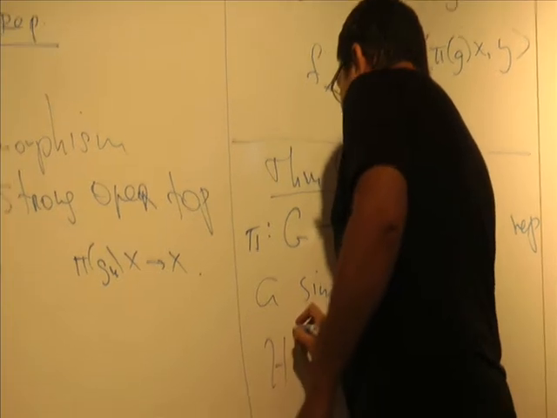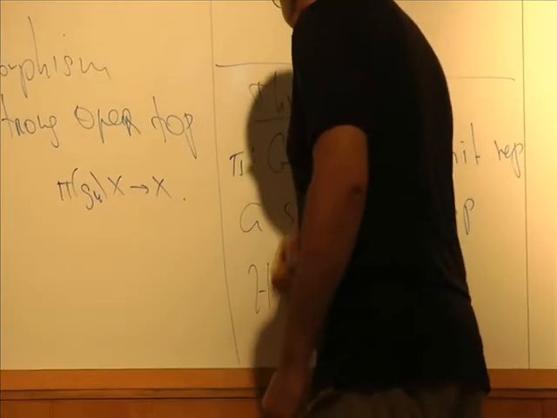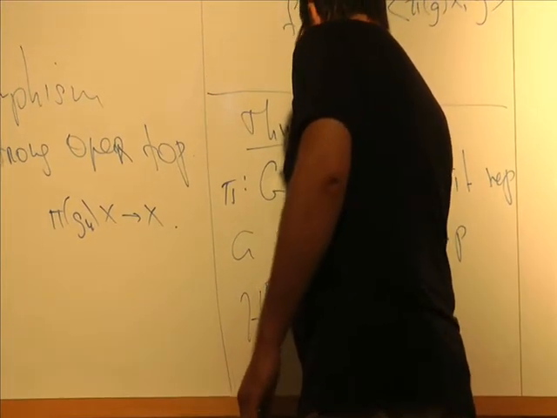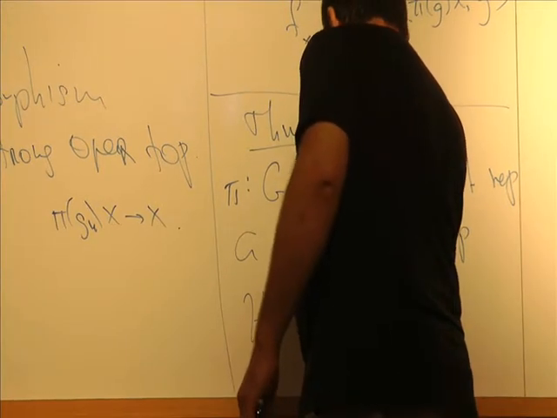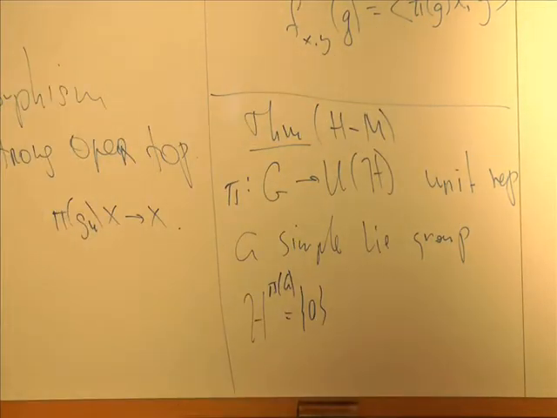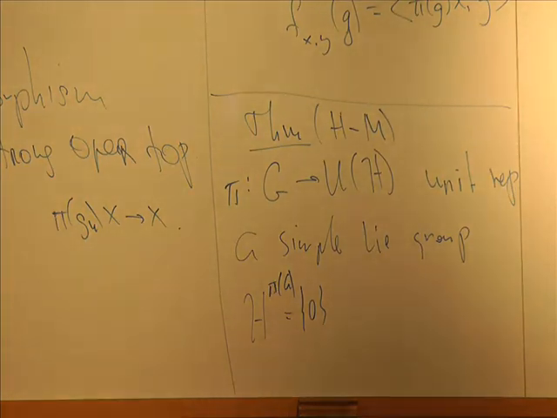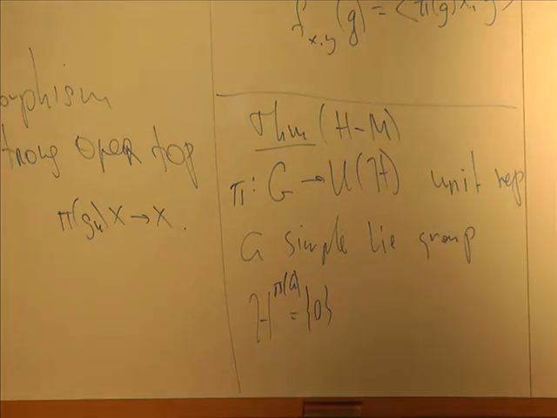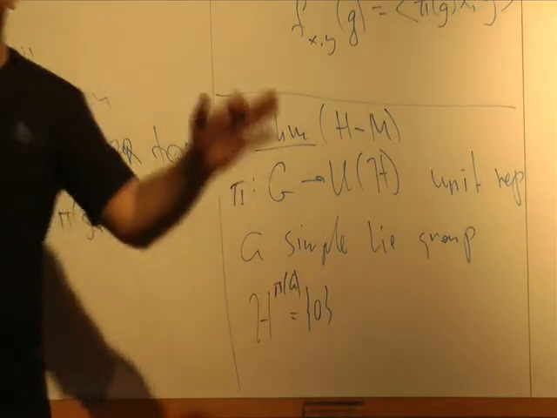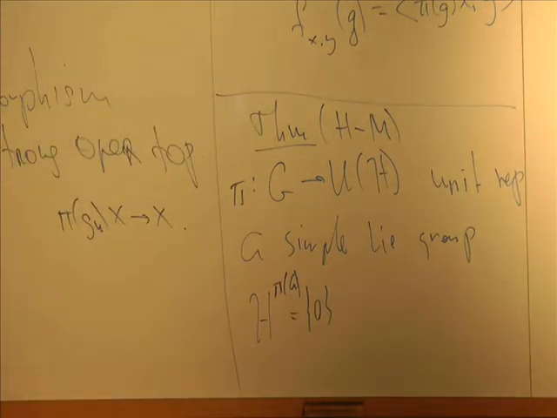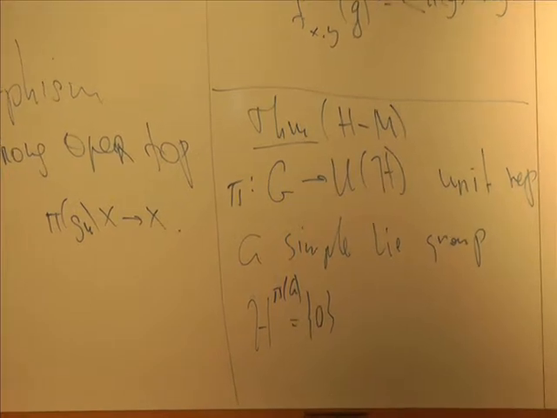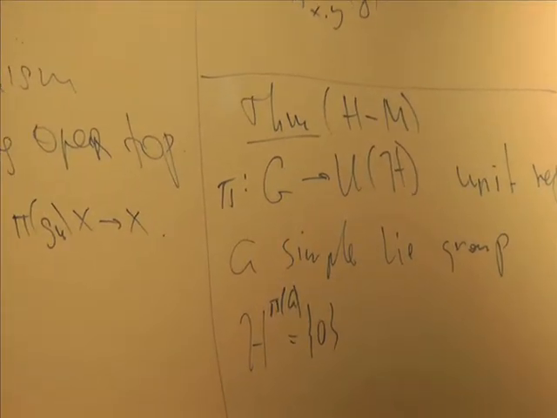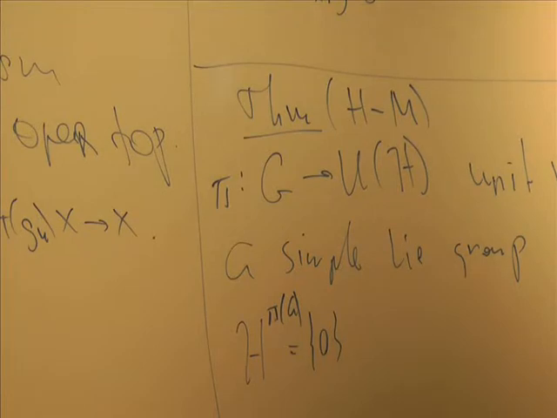Assume that there are no G-invariant vectors. So no vector of the Hilbert space is fixed by all elements of G. There's no direction which is fixed. If there are G-invariant vectors, then you look at all of them. This is a closed subspace of the Hilbert space, and you can look at the orthogonal complement.